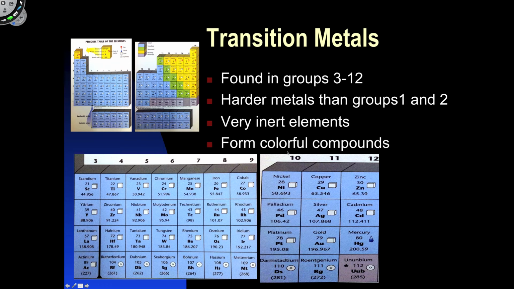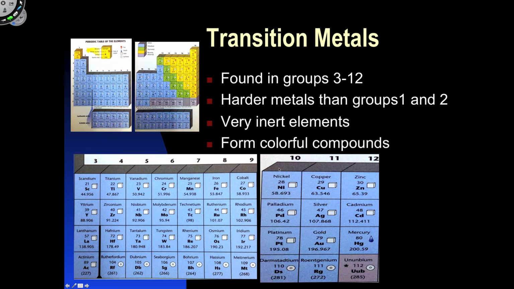The one that comes to mind, lead iodide, and lead is actually shifted over slightly, so it can't be officially a transition metal, but it's still an honorable mention member. Lead iodide is a yellow substance. Of course, it's not used in paints anymore because lead is poisonous.